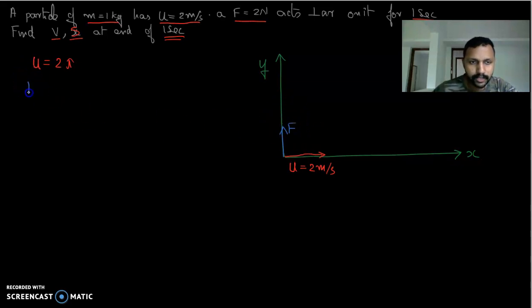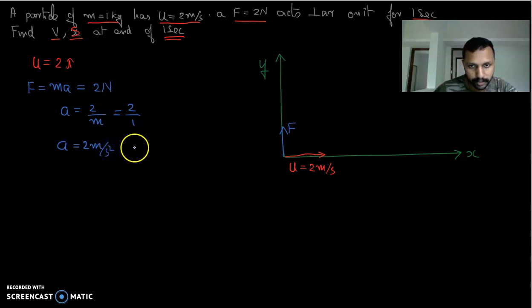And as we know F is equal to MA, we could say MA is equal to what? 2 Newton. Then A is equal to 2 by M, and what is M? It is 1. Therefore, acceleration is 2 meter per second square.